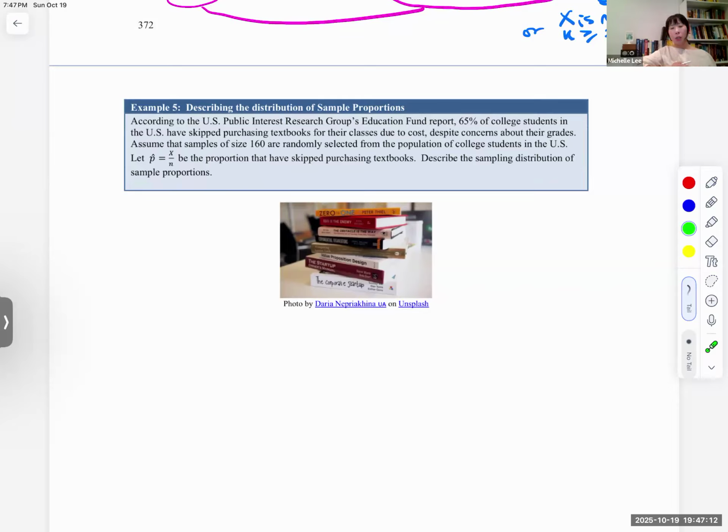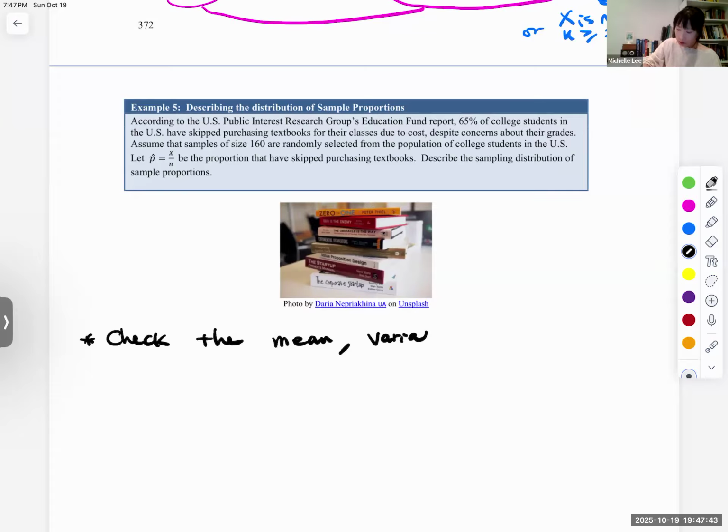So similar to the previous section, the sampling distribution of a sample mean, we check the mean, standard deviation, so basically center, variation, and shape, right?